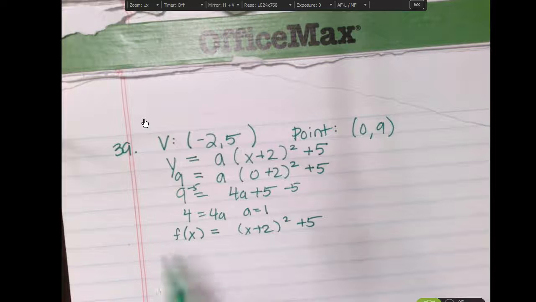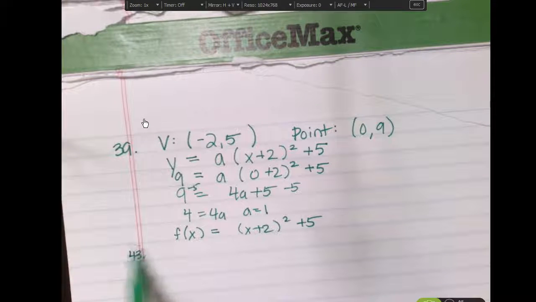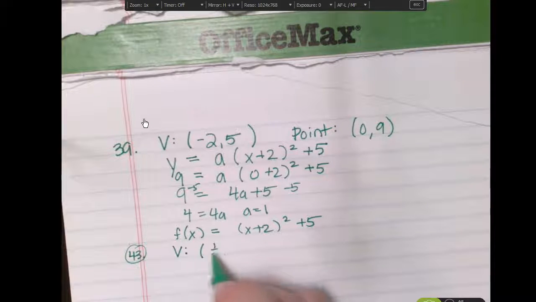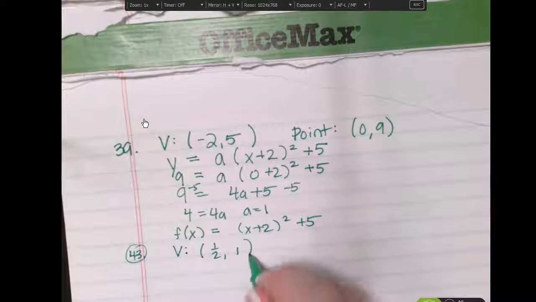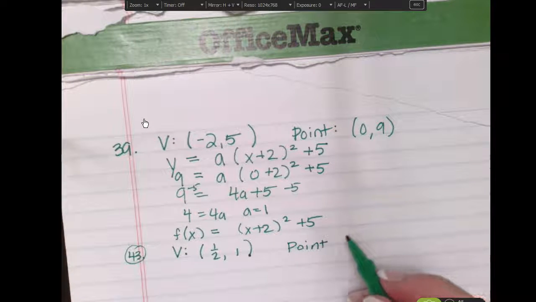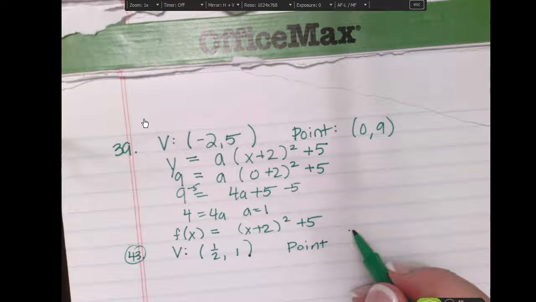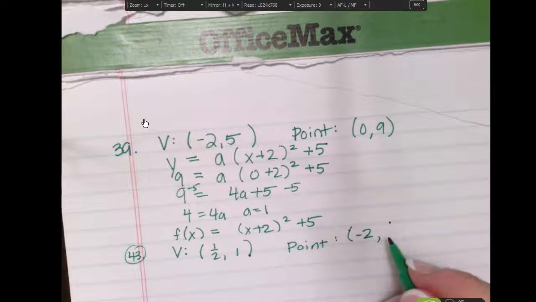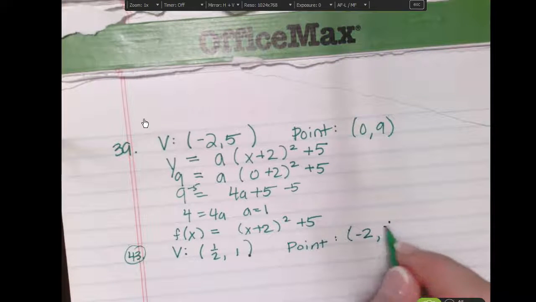In number 43, you are going to do the same thing. You're given the vertex is 1/2, 1, and your point is -2, -21/5. Is that right? -21/5.